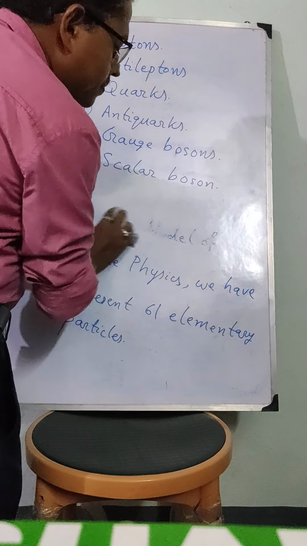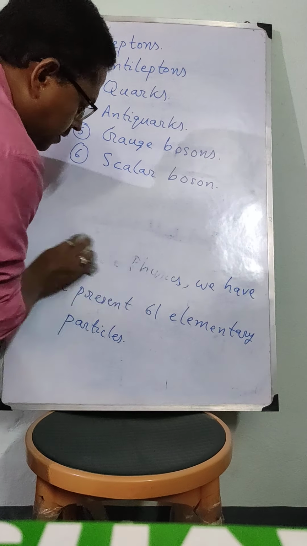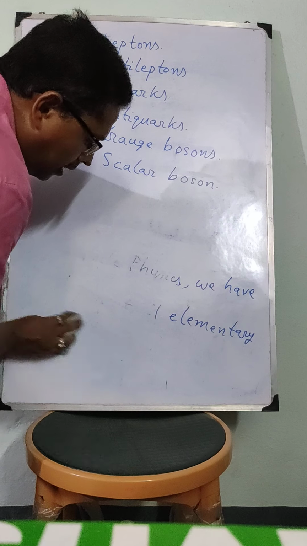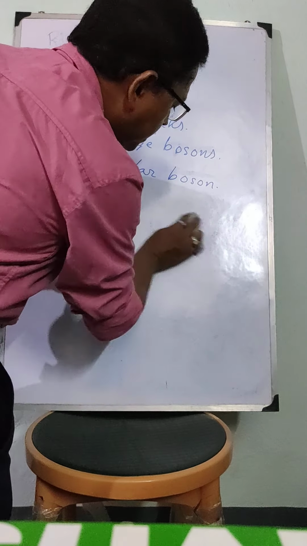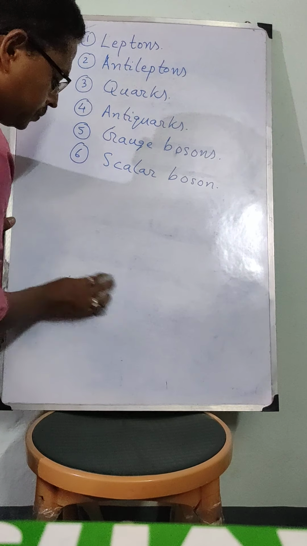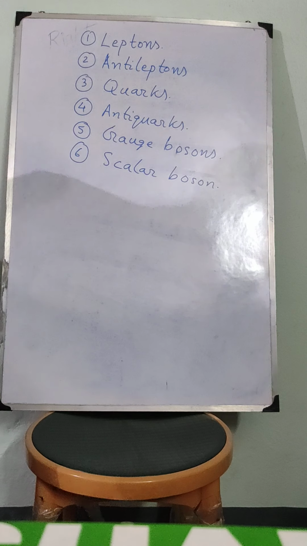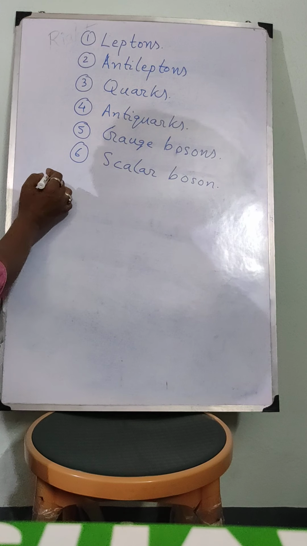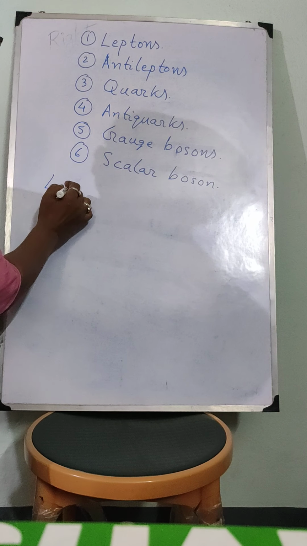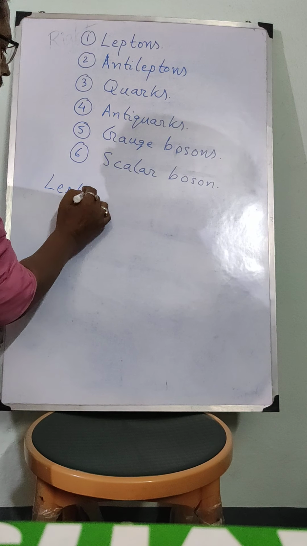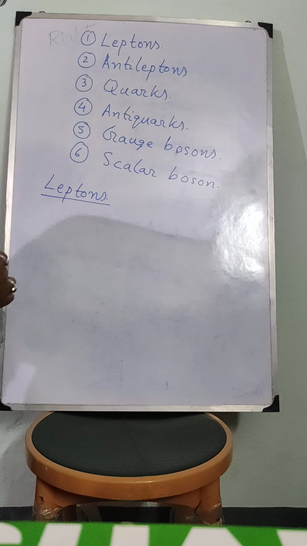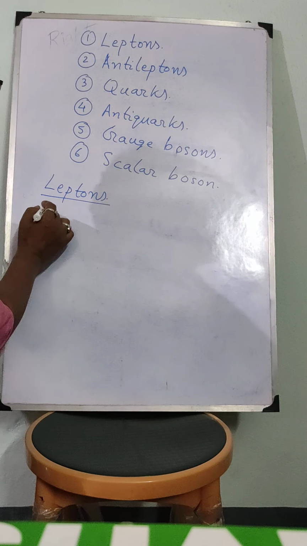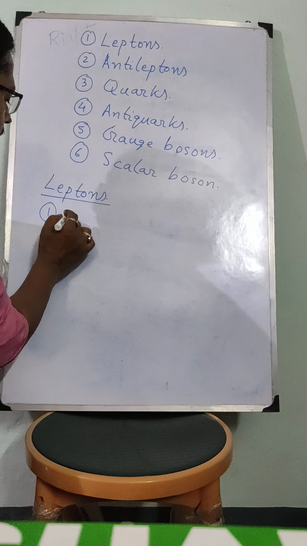Now, leptons are the spin half particles. We have 6 kinds of leptons. First is the electron.